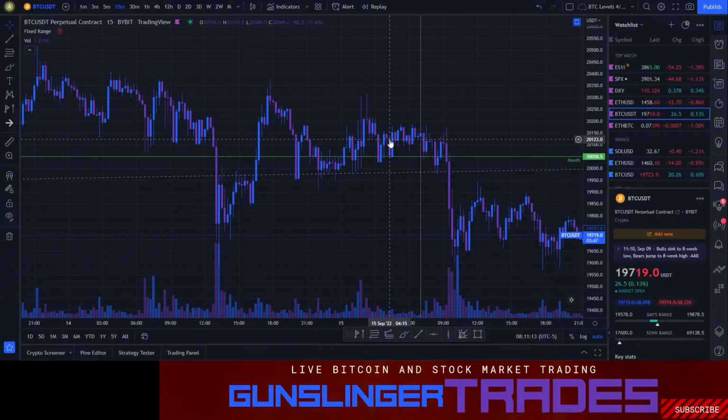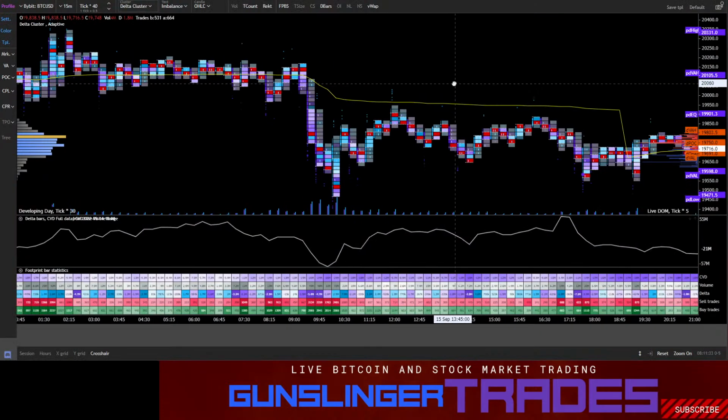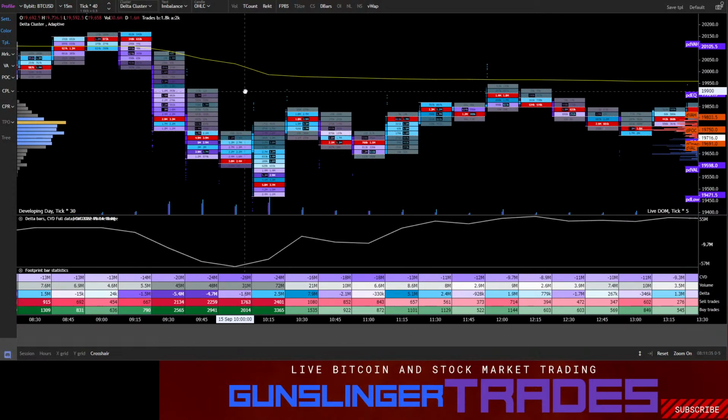Do not force a trade when you are unsure of what the market is going to be doing. It's best to stay out. No trade is better than a forceful trade or a gambling trade. Remember, trading is not really gambling. You want to stack up those probabilities in your favor. So again, just a rant there.